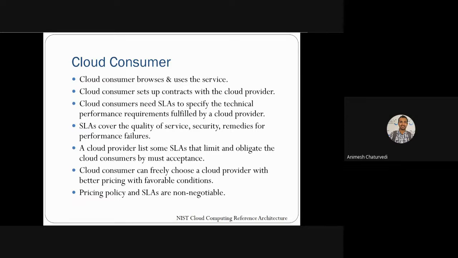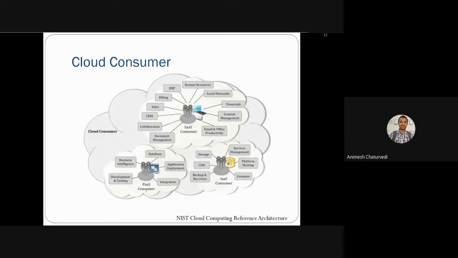So these are the factors which actually matter for the cloud consumer part. You'll see these are basically the cloud consumers. You can read them out.